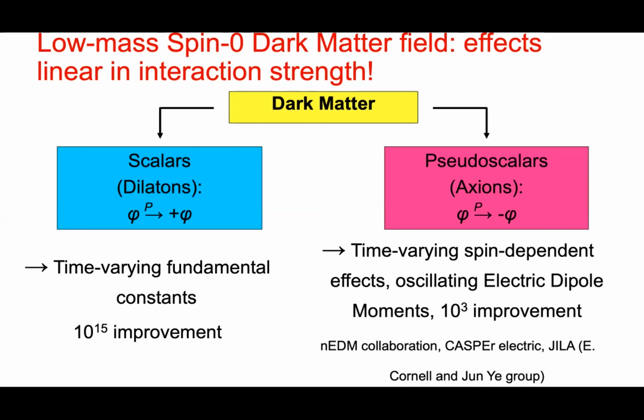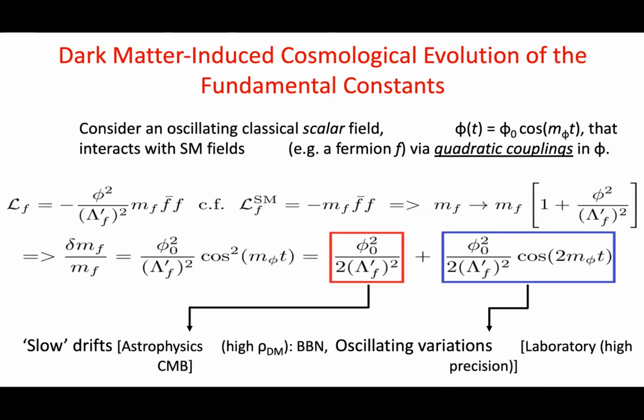It's about 3 orders of magnitude, but there are already 3 results of different collaborations: the NEDM collaboration, CASPEr-Electric, and GNOME. These are results of the group of Nobel laureate Eric Cornell, who studied this interaction with the pseudoscalar field in experiments measuring electric dipole moments.